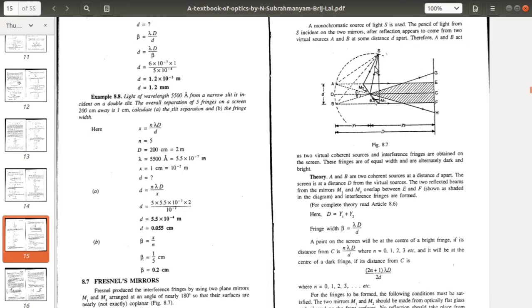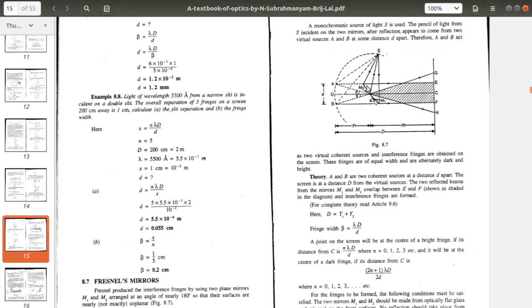So light from this source falls on the reflecting surfaces of the mirrors, on all the points of the reflecting surface. From this point to this point is mirror M2. So light will fall on all the reflecting surfaces of this mirror and all the reflecting surfaces of the other mirror too.